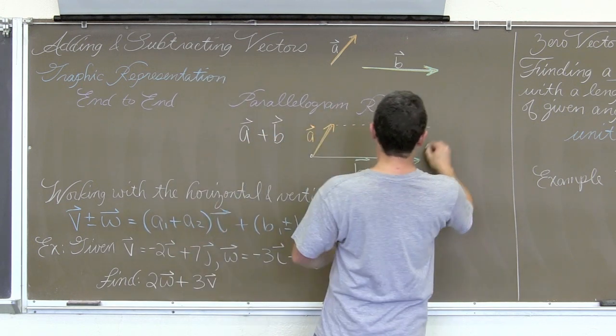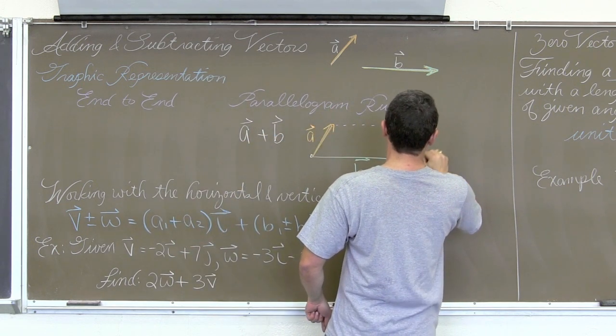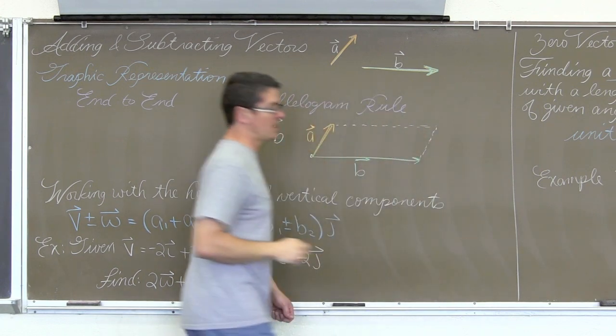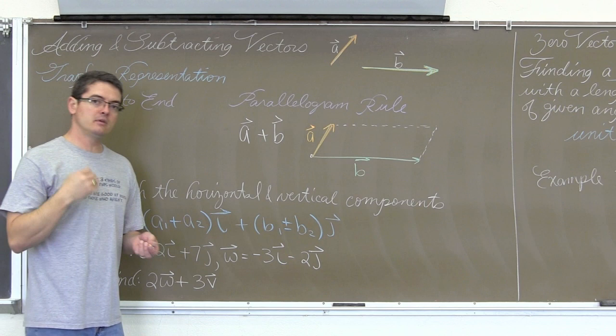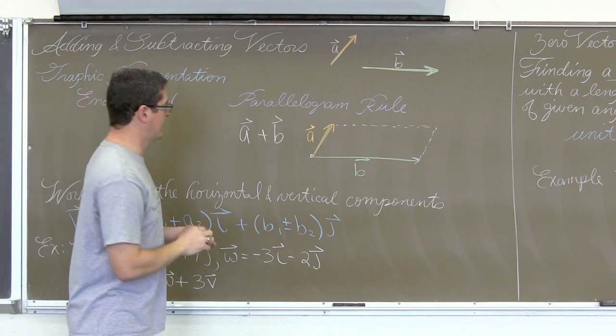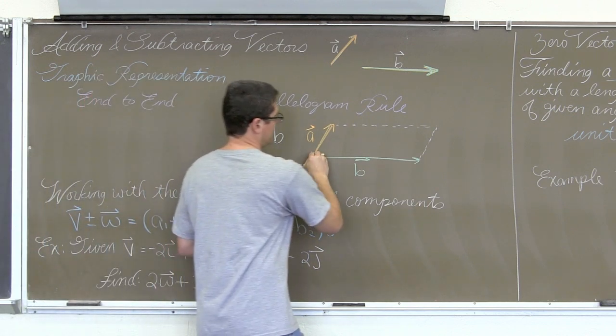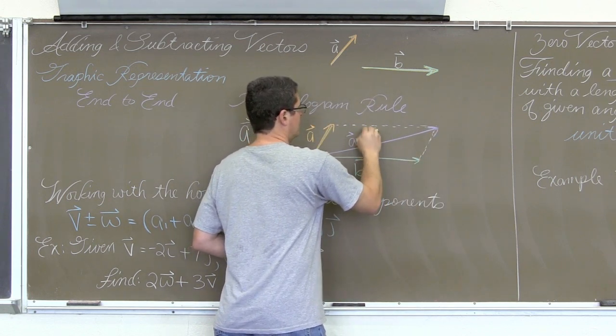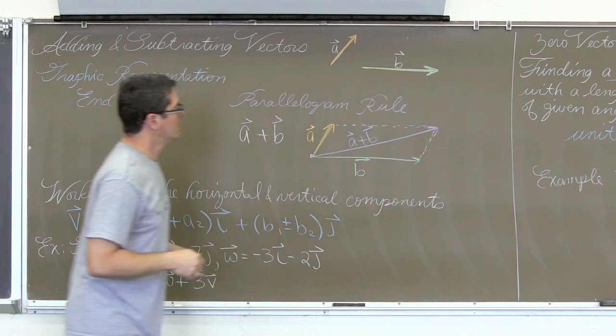So, just the best I can here, try and get a reasonable representation of a parallelogram. And then I'm going to draw a diagonal through that parallelogram, and that diagonal is going to be my resultant vector, or vector A plus vector B.